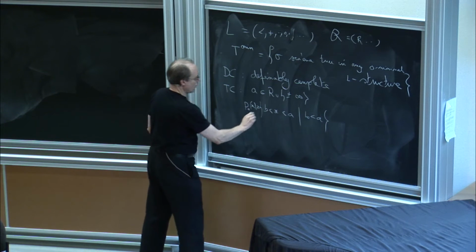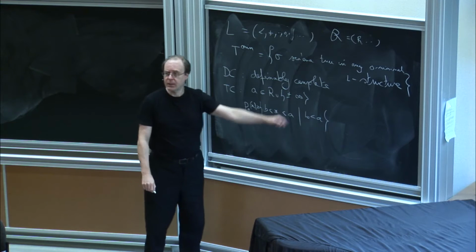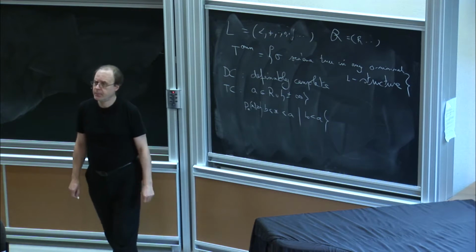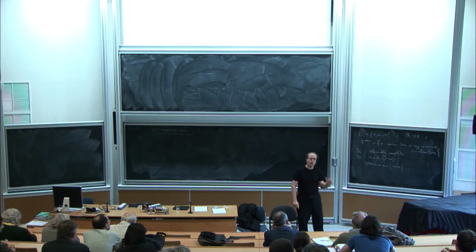So this collection of sentences b less than x less than a, and type completeness says that this is a complete type. So every formula or its negation belongs to it.